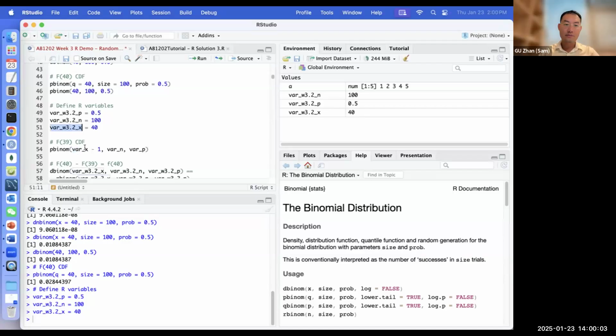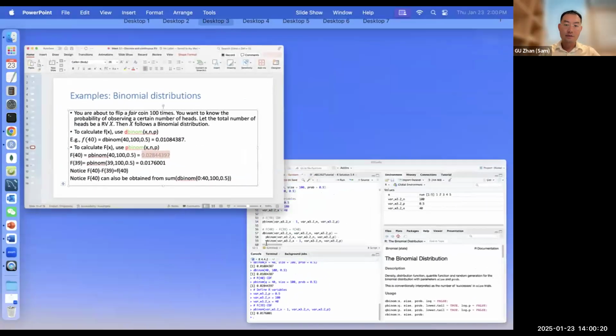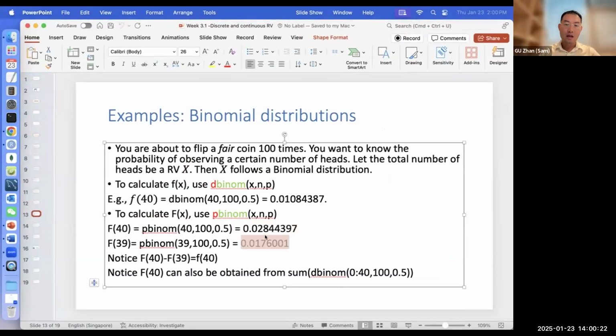I should get this value: x, n, and p. And put it, 0.0176. So this is F39. Cumulated CDF now 0.006.